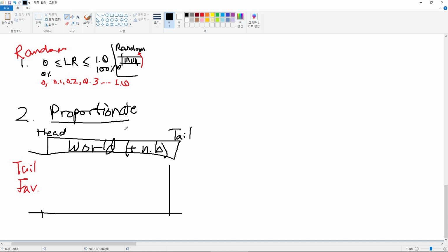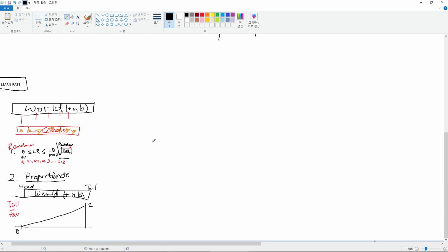Now, because learn rate cannot go above 1.0, highest has to be 1 and the lowest has to be 0 or very close to 0, and because it's proportionate, it's a straight line. So this is the tail favored way. And the other one, of course, is the head favored way.